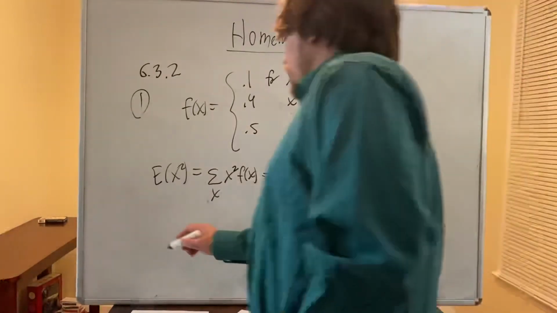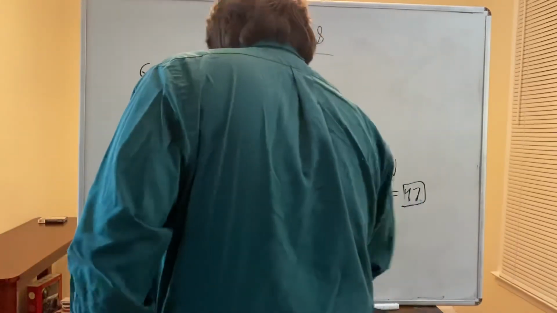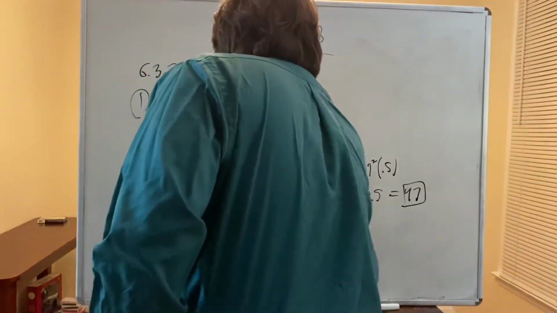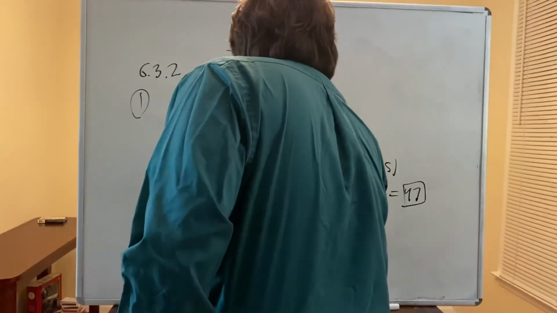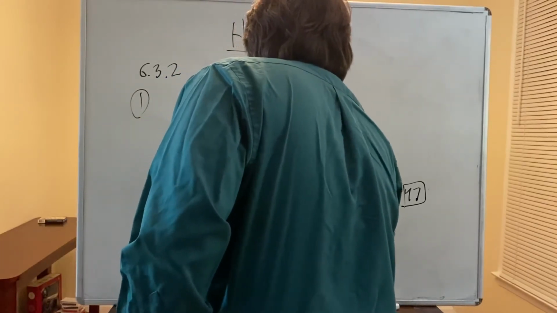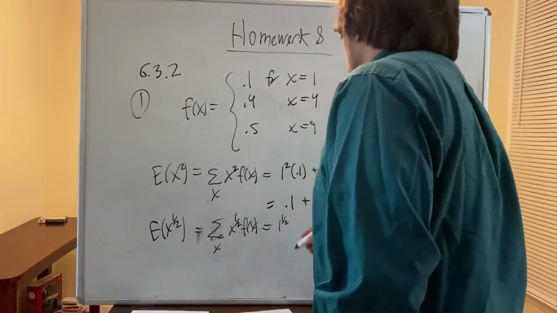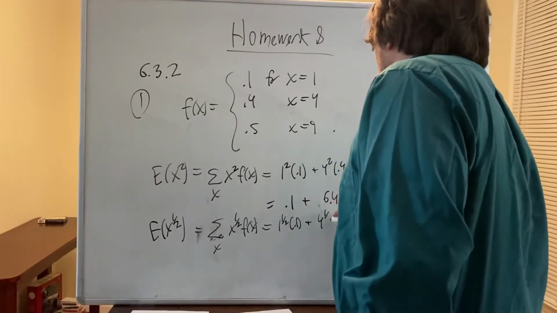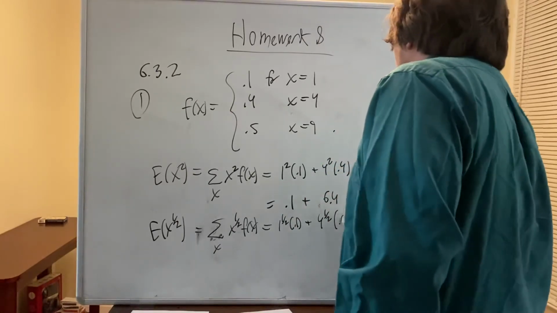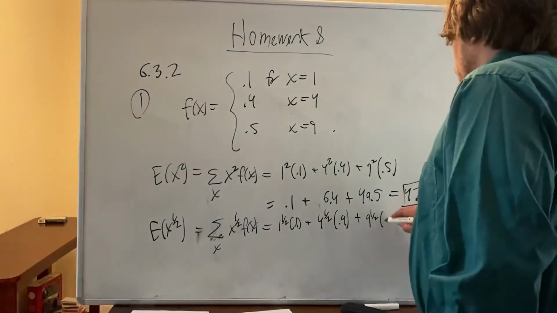Next, E of X to the 1/2. That's equal to the sum over all possible values of x to the 1/2 times f of x. So you have the square root of 1 times f of 1, which is 0.1, plus 4 to the 1/2 power times 0.4, plus 9 to the 1/2 power times 0.5.